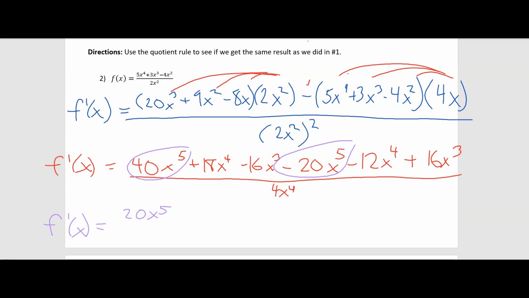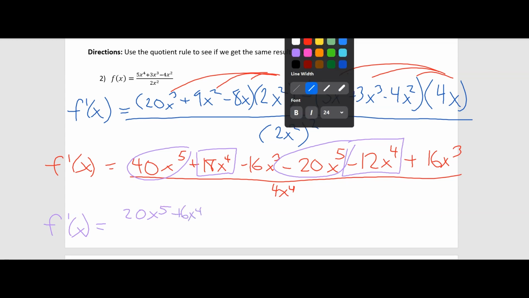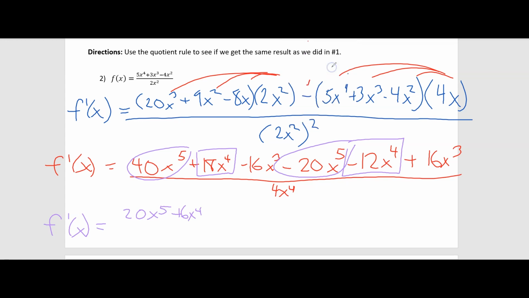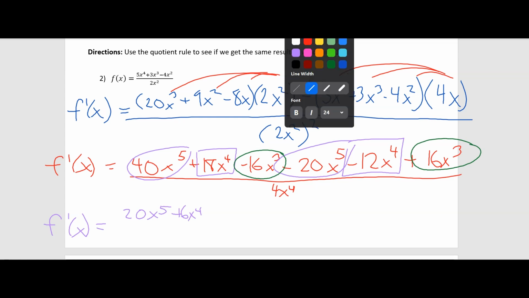I have two terms with x to the 4th power. So that's going to give me plus 6x to the 4th. We'll use a different color now. I have two terms that are x cubed. Fortunately, those simplify, so I'm left with plus 0. So I don't even need to do anything with that.